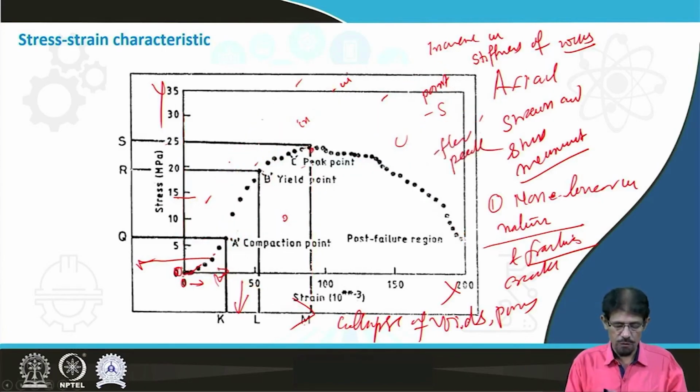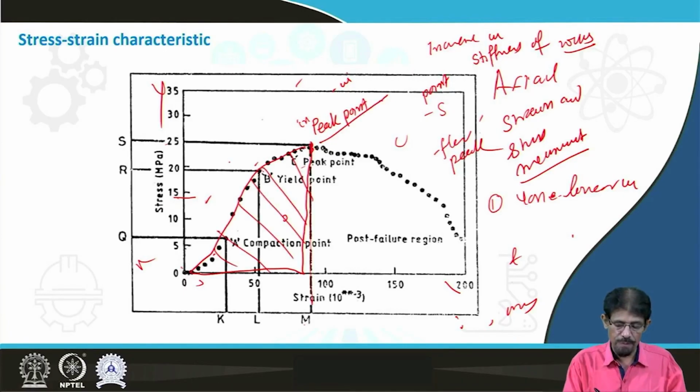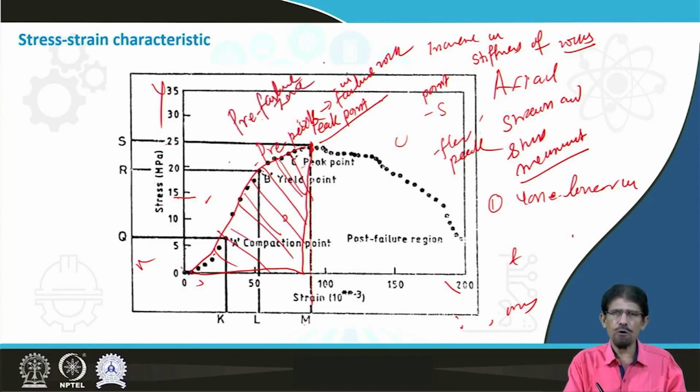We are going to divide this stress-strain curve taking this peak point as the position. This region before the peak point means pre-peak. As the peak we recognize as the failure of rock, we can also recognize this zone as the pre-failure zone.